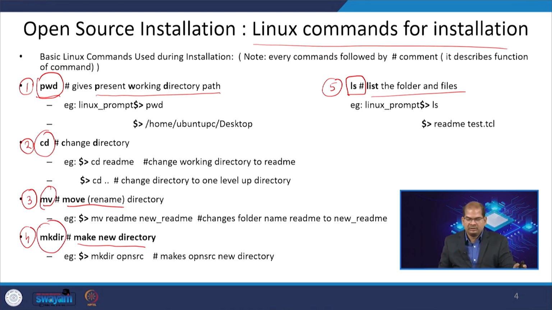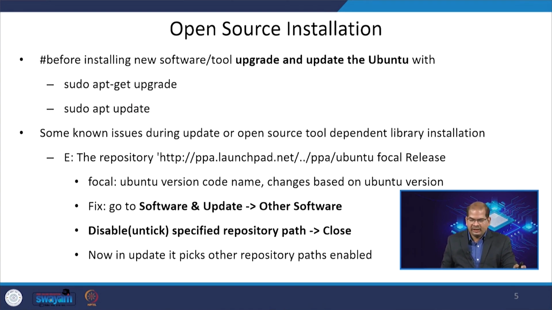for doing the installation. Then we have to follow this flow: sudo apt update and sudo apt-get upgrade we need to do, and we follow the steps mentioned here for installing the tools.